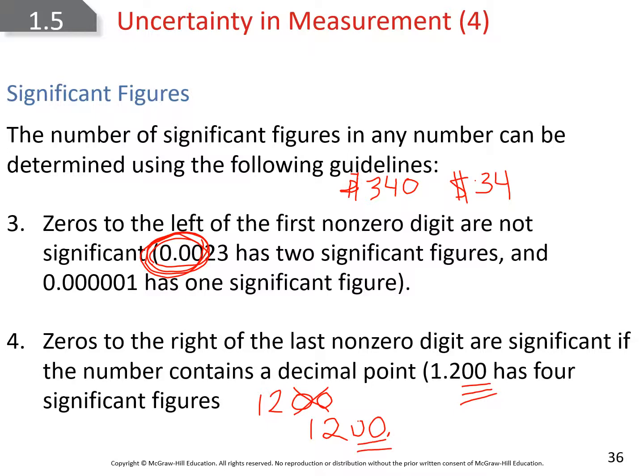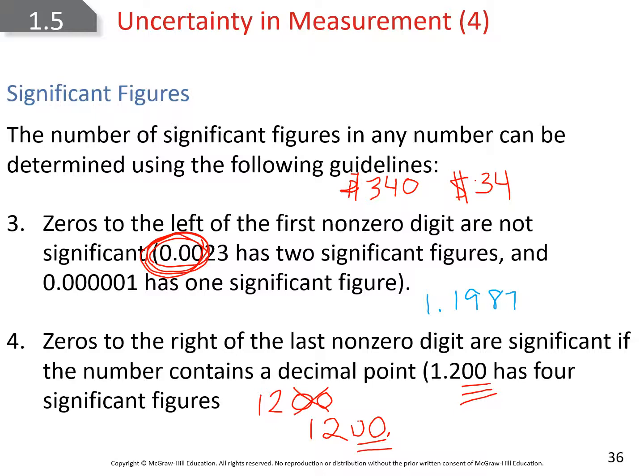The reason for this is those zeros came from something. Perhaps the original 1.200 was, let's say, originally 1.987.